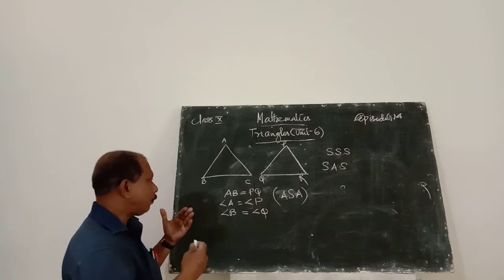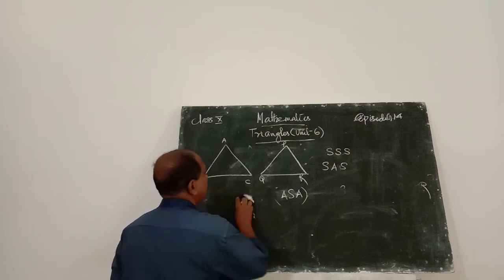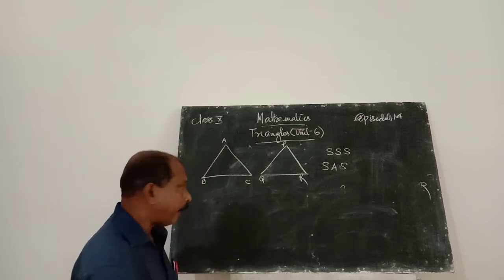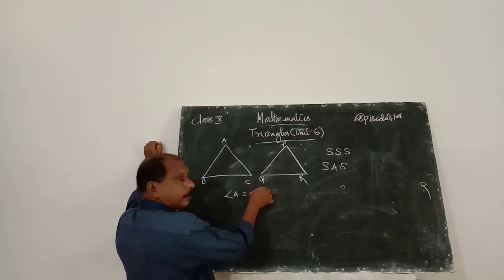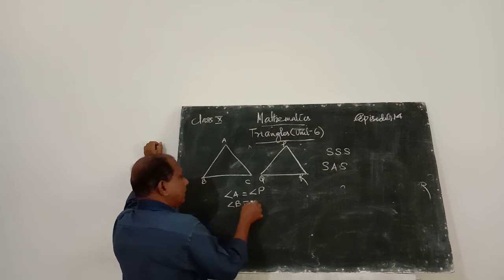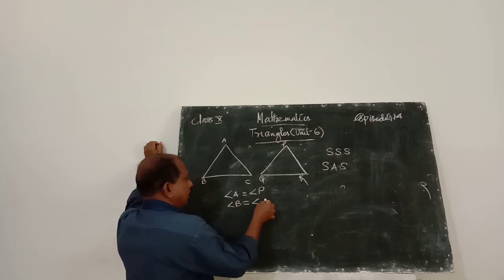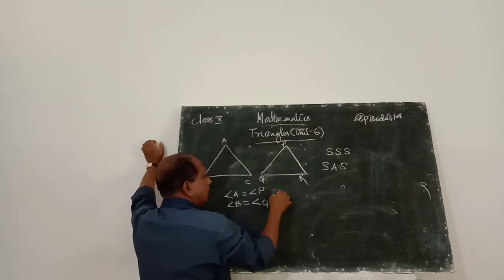Then for these two triangles, angle A is equal to angle P, angle B is equal to angle Q, and AC is equal to PR.